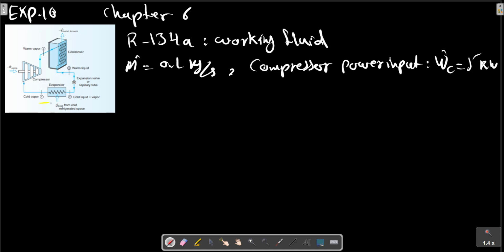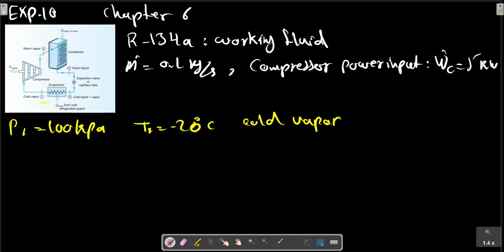At point 1, P1, the inlet to the compressor, cold vapor, and P2, outside the compressor and inlet to the condenser.